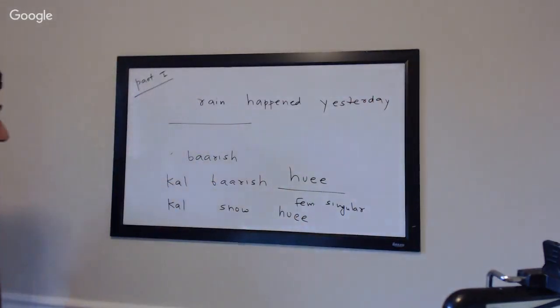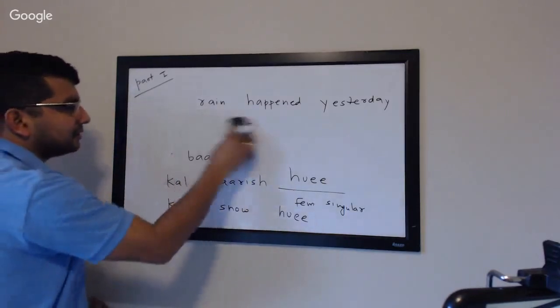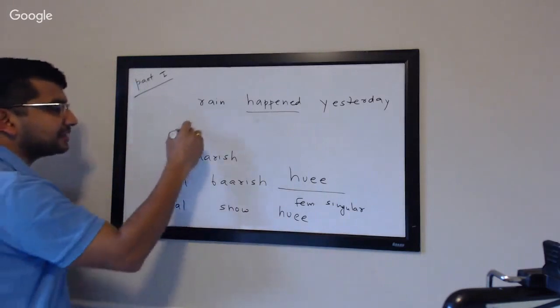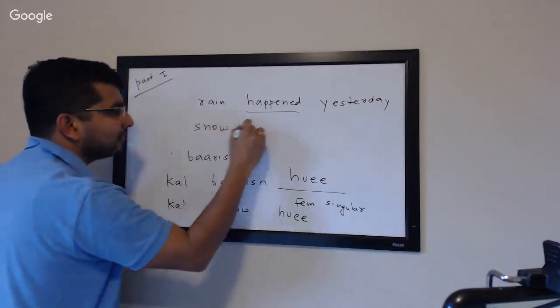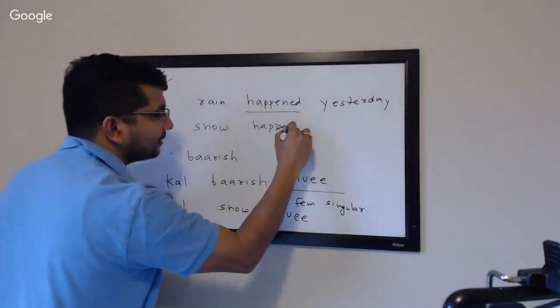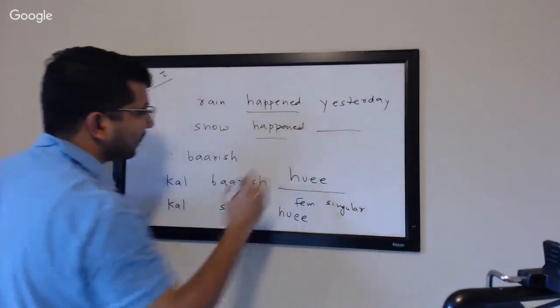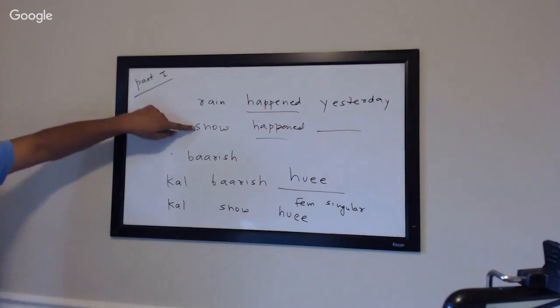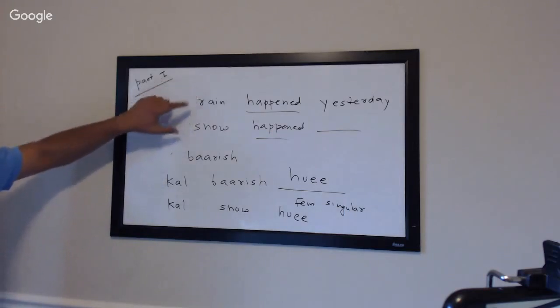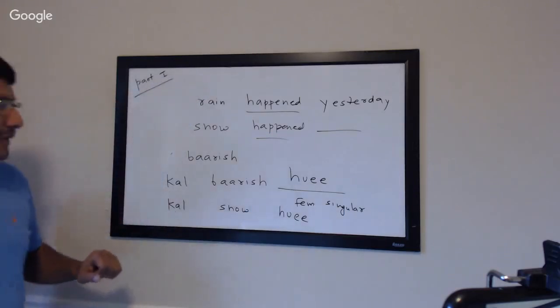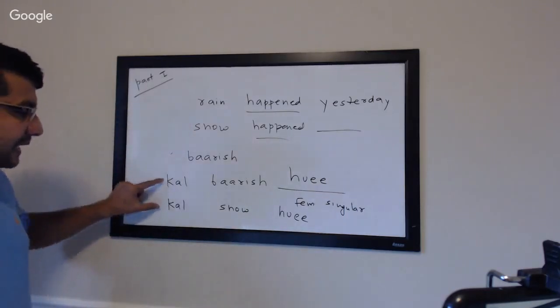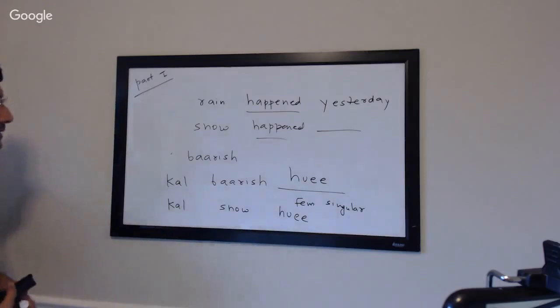But just to give you the idea of happen in Hindi, that's how it is working. Similarly here, snow happened yesterday. If you were to translate from this form of English to Hindi, then it will make sense. In English, that's grammatically incorrect, but in Hindi, this is correct. There's a happened there.